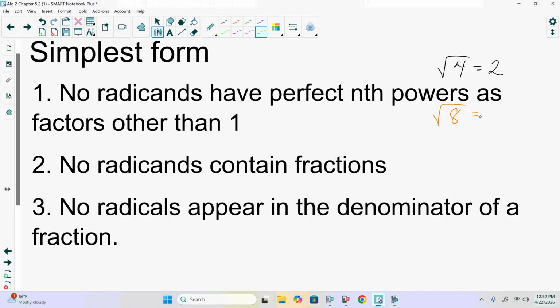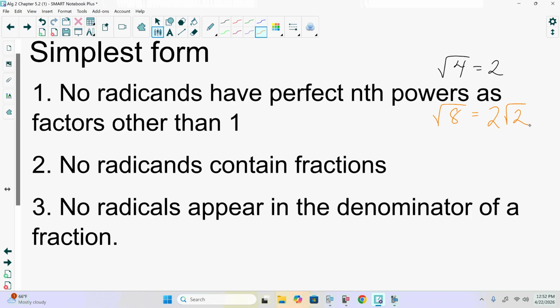It does not work, because the square root of 8 has a perfect nth power, a perfect square, in it. So we cannot leave it as that, because the square root of 8 is actually going to reduce to 2 square roots of 2. It can be simplified. If it can be reduced, if we can pull factors out, we're going to have to.